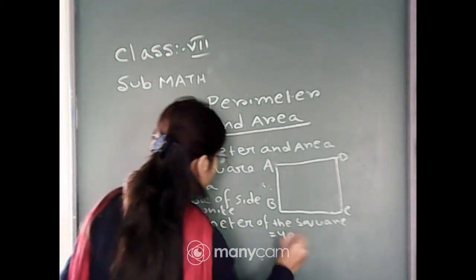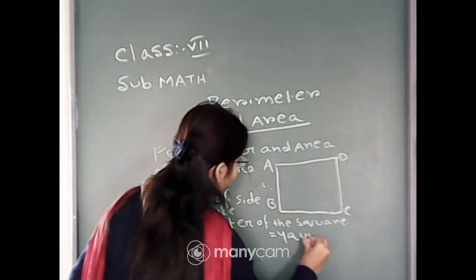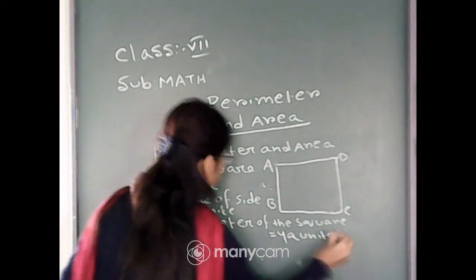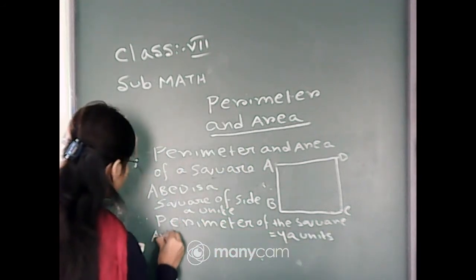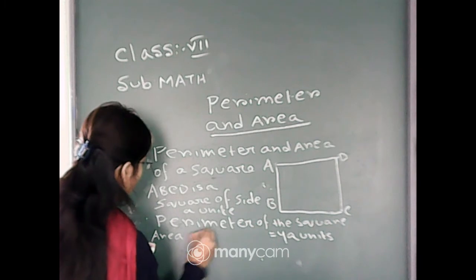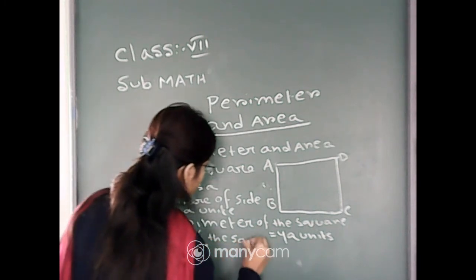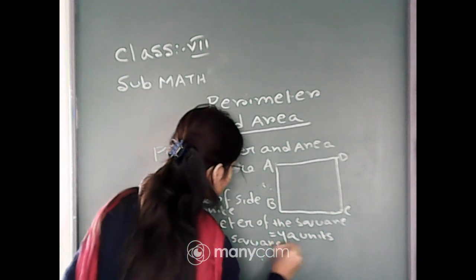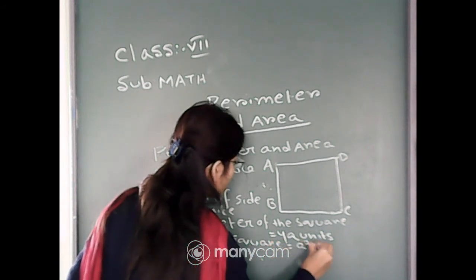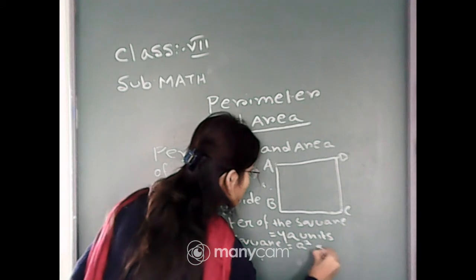Therefore, perimeter of the square is equal to 4a units, and area of the square is equal to a square units.